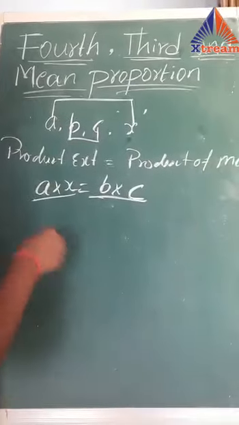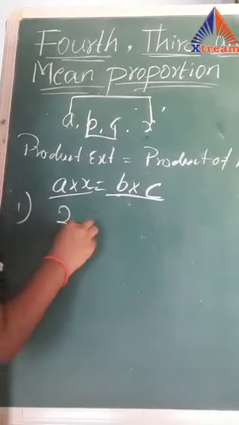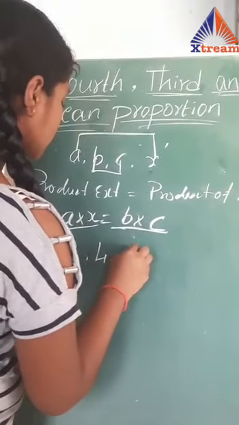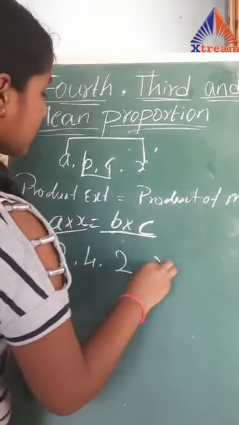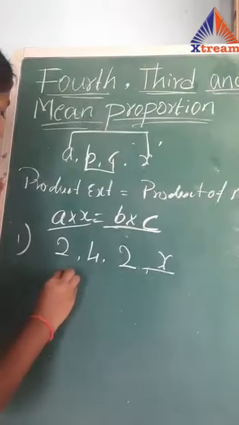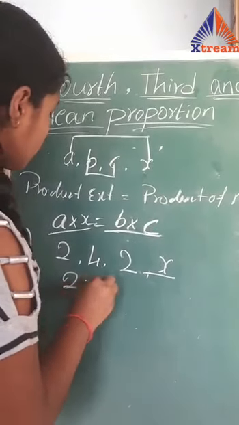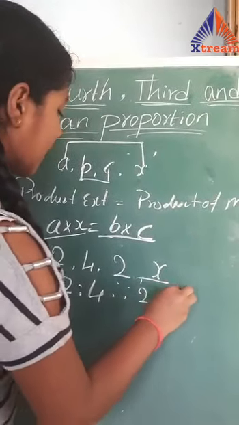So this is how we form the two ratios in the fourth proportional by taking the fourth value as x. Now let's take a problem: A is 2, B is 4 and C is 2, and the fourth one is missing, so let's take it as x. We can form a proportion like 2 is to 4 as 2 is to x.